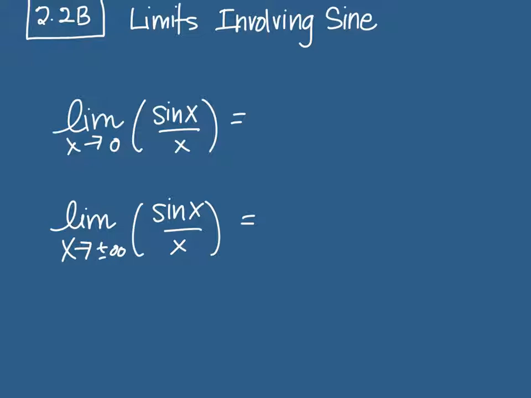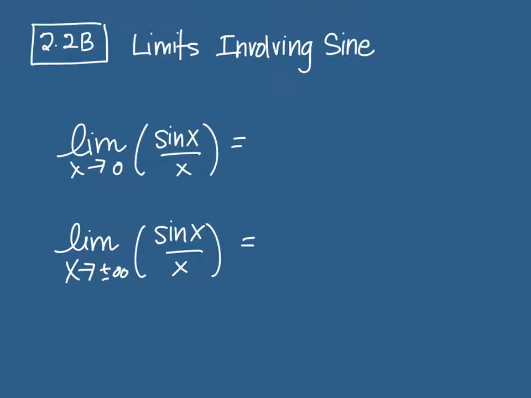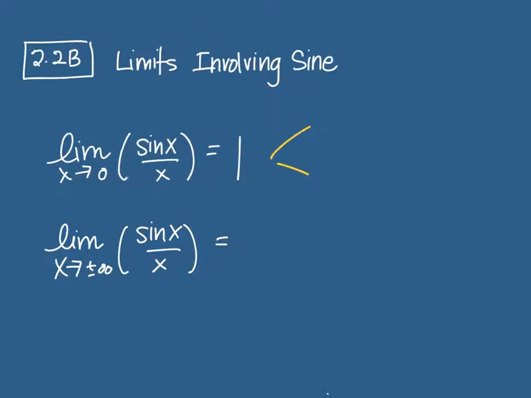But I want you to make a conjecture. Can you grab out your calculator, and in radian mode, graph sine of x over x for a minute and just take a look at what that graph looks like? So our hypothesis is that the value of this is 1. If you're asked to prove it, the proof comes in two ways.